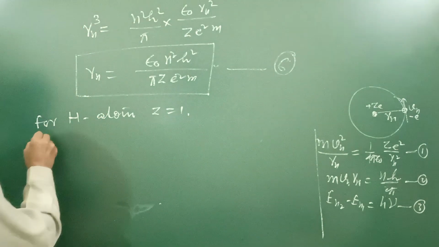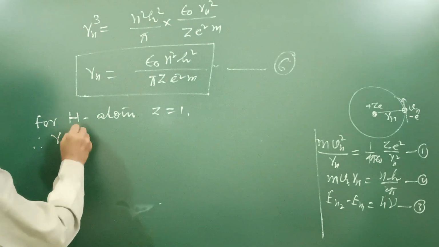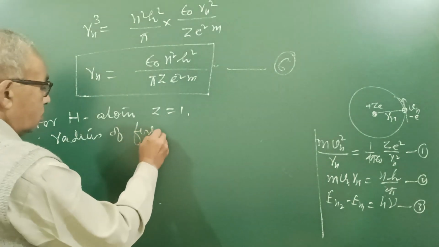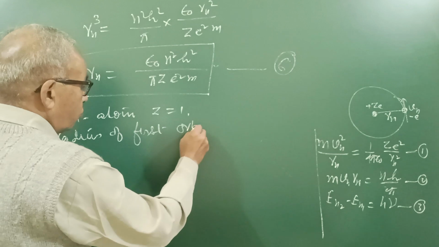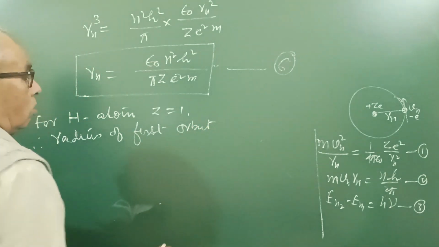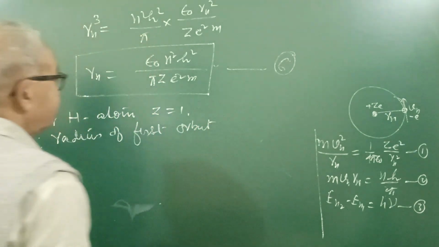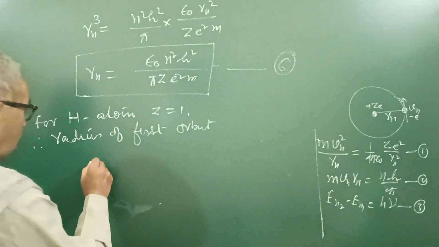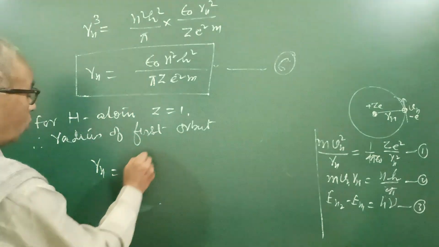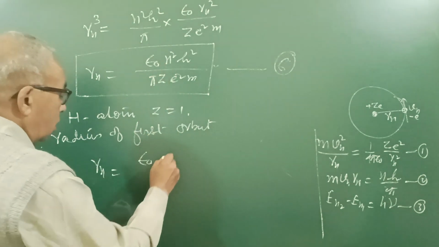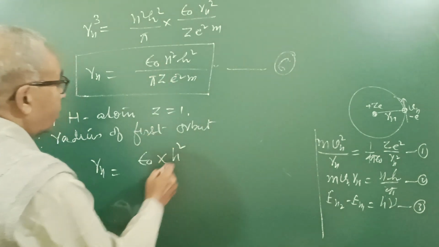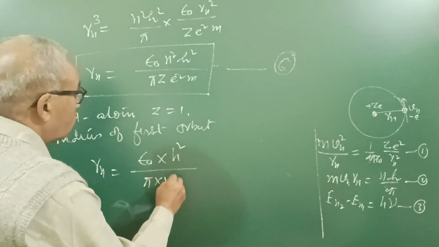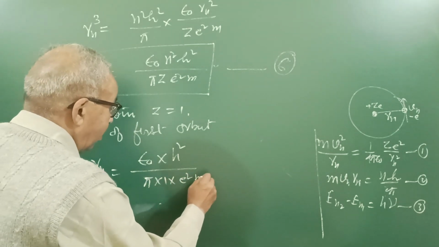Hence, the radius of the first orbit is R1 equals epsilon 0 into 1 square h square upon pi Z1 into e square m.